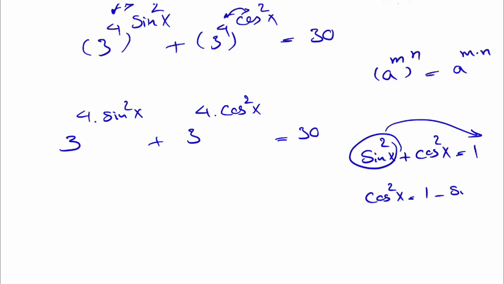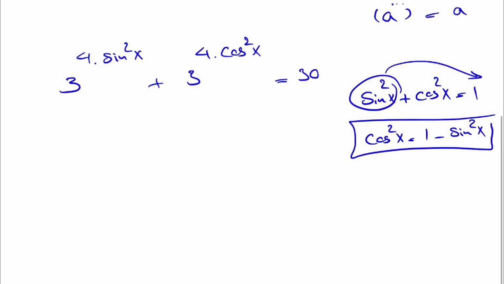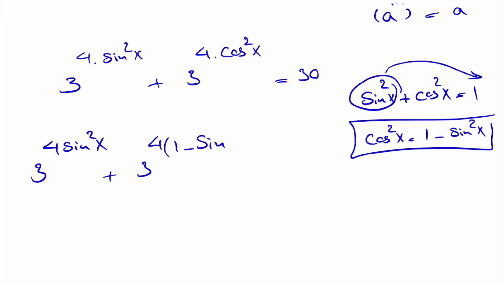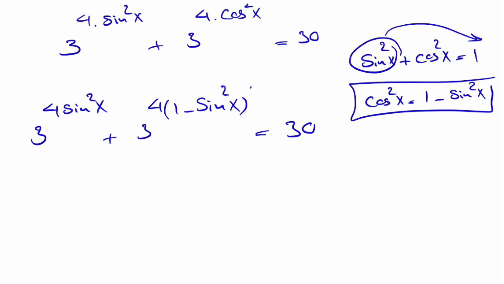So we're going to use this in here, and if we look at our exponents, we have 3 to the power of 4 times sine squared of x plus 3 to the power of 4 times, instead of cosine, we plug in 1 minus sine squared of x, is equal to 30. And if we look here, we have 4 times each of these, so it will be 4 minus 4 times sine squared of x.